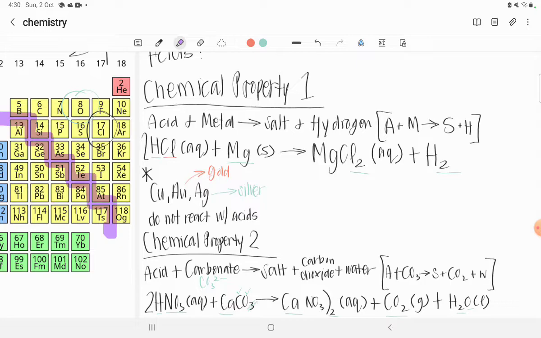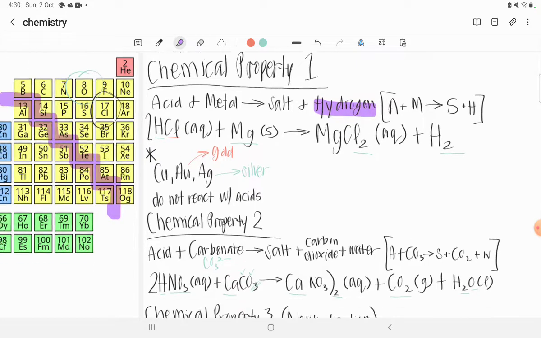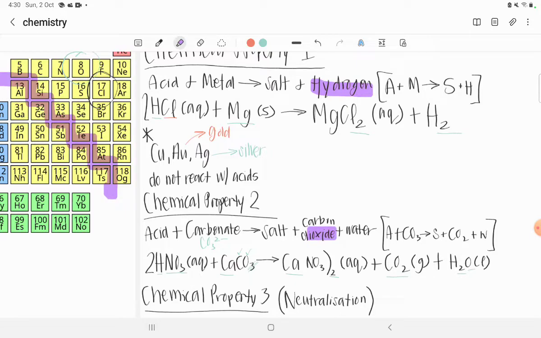For chemical property number 1, it's hydrogen. For chemical property number 2, it's carbon dioxide. So in some cases, the examiners will ask, how can we differentiate whether it's chemical property number 1 or chemical property number 2.